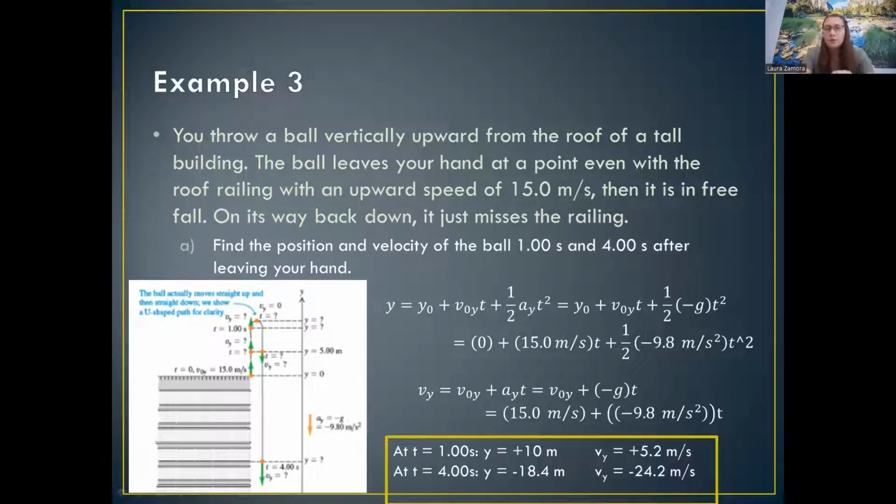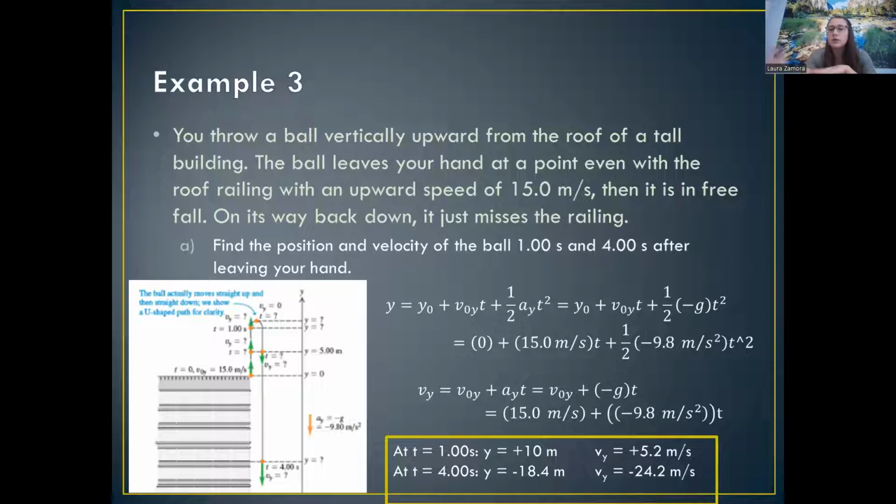Now, we also pointed out the difference in the signs as being very important and kind of a clue as to what the motion of this object is doing, right? So if we look at time equals 1 second, we notice that both the position and the velocity are positive, right? So the ball has moved up from its starting point, and it is continuing its motion upward. The velocity is positive, so it is continuing to move upward.